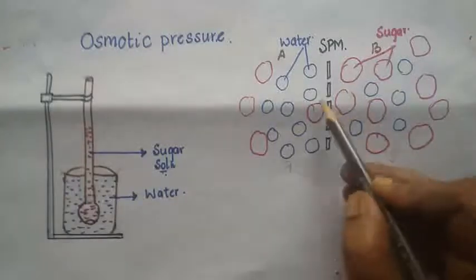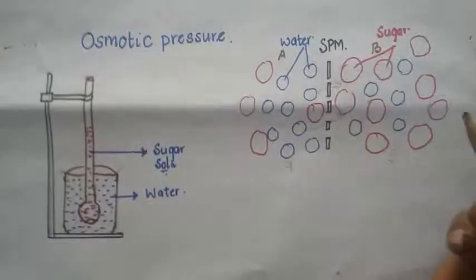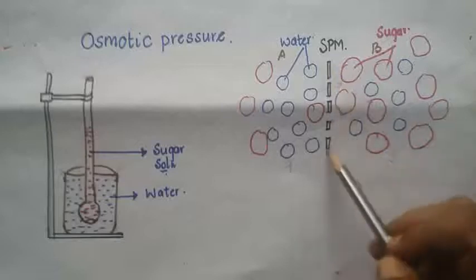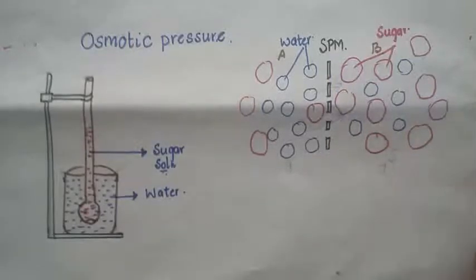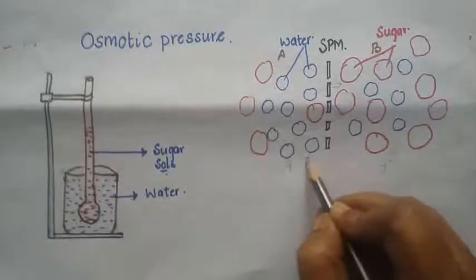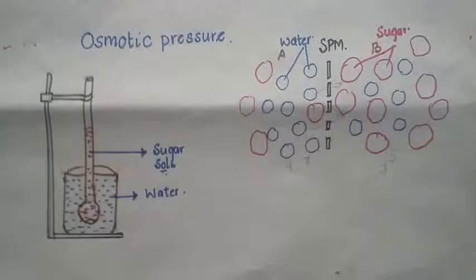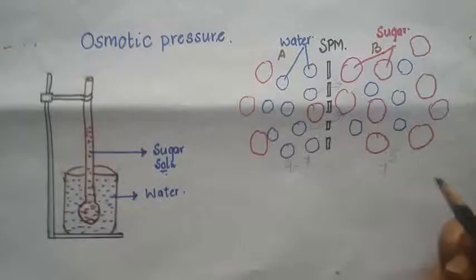In the sense, there should be a movement of 2 molecules of water across the semi-permeable membrane, so that after some time this side we have 7 molecules of water, and this side we also have 7 molecules of water. Then we say that osmosis stops.